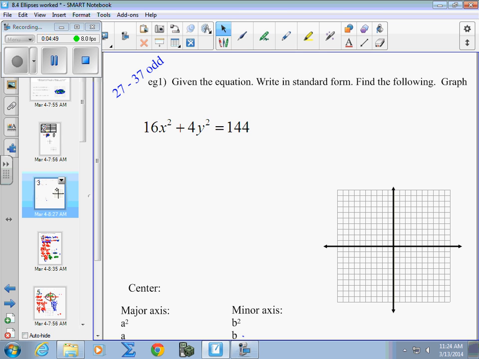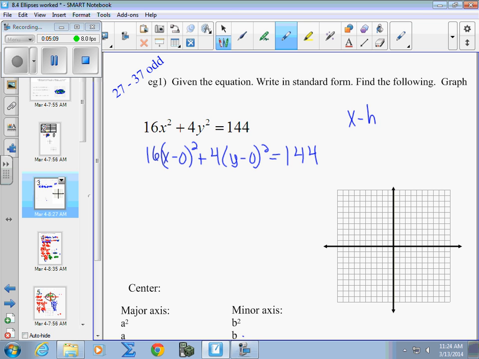This equation is fairly simple. The first thing you want to do is rewrite this as 16 times x minus 0 squared plus 4 times y minus 0 squared is equal to 144. To be in standard form, it needs to be in the form of x minus h squared over a squared plus y minus k squared over b squared equal 1.